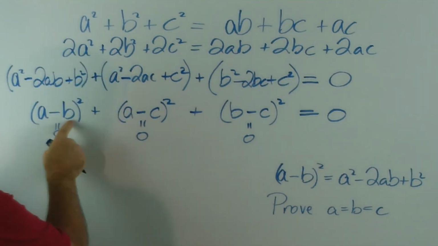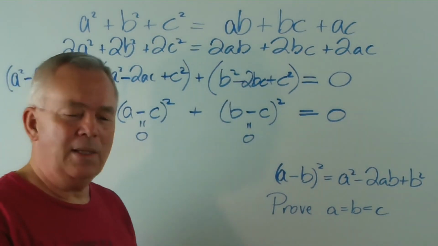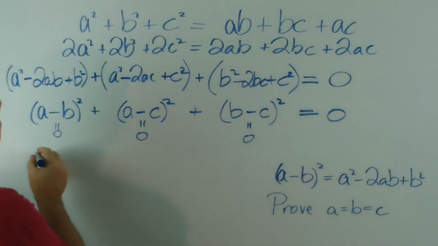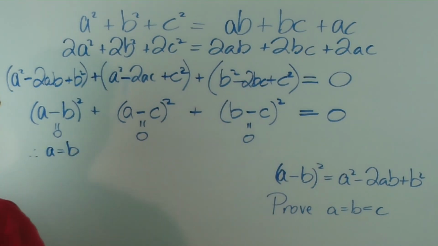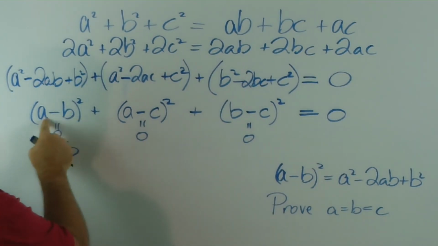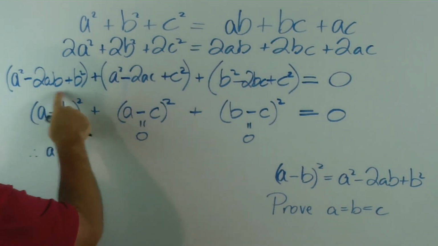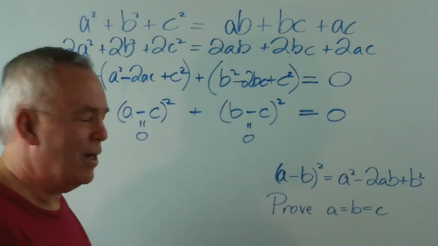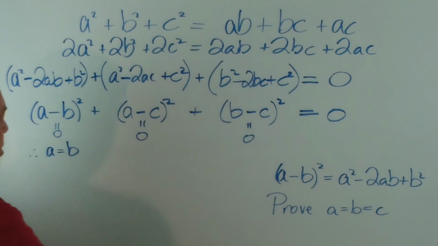Now, how do I get 0 with a minus b? When you're subtracting numbers to get 0, it means, therefore, that a must equal b. If I take a number away from itself, I get 0.